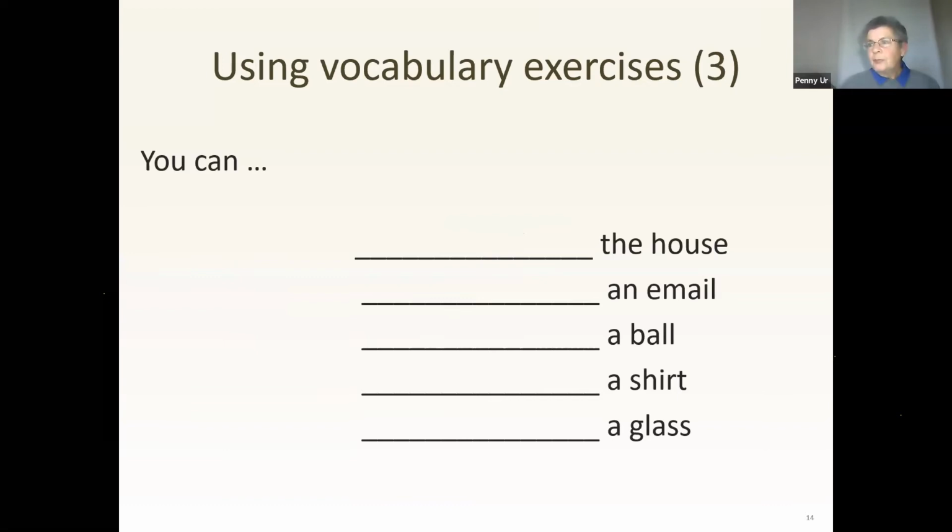You can build a house and so on. Or a glass, what can you do with a glass? You can drink from a glass, you can hold a glass, you can fill a glass, you can empty a glass. There's no end to it. And the students suggest all sorts of things. You find yourself with a situation where the students are speaking a lot more than in the original version of the exercise, as well as practicing the vocabulary.